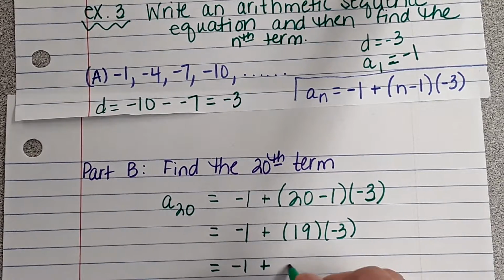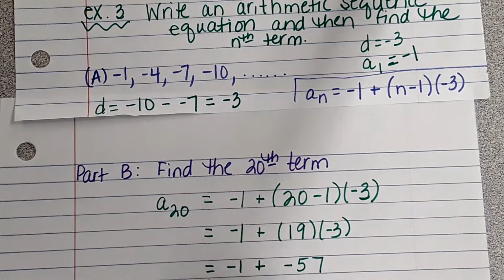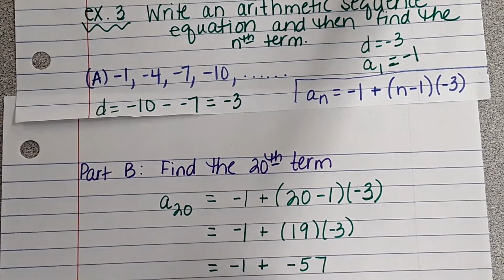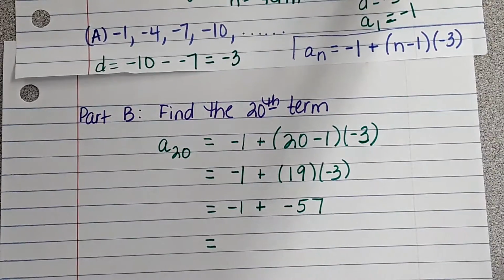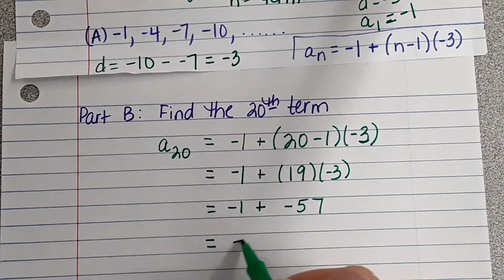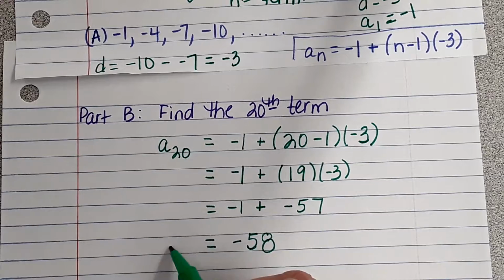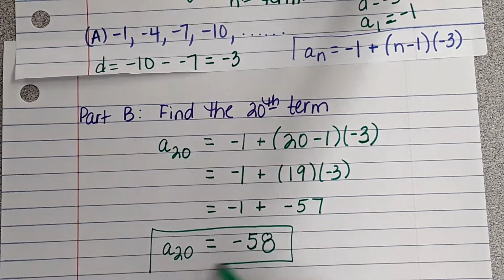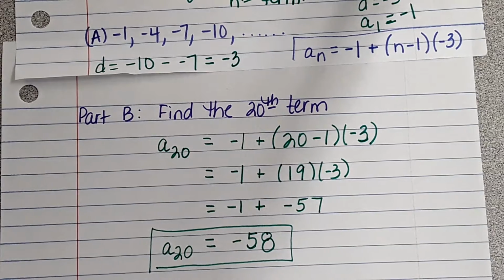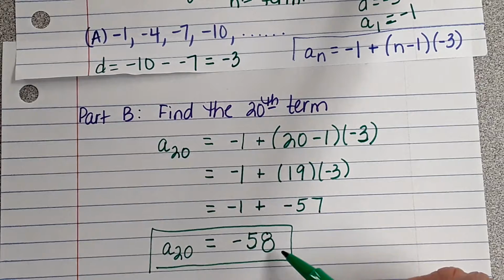Yep. Okay, so what is -1 plus -57? They're both negative, so it's going to be -58. So you guys, if we keep adding -3, by the time we got to the 20th term, it would be -58.